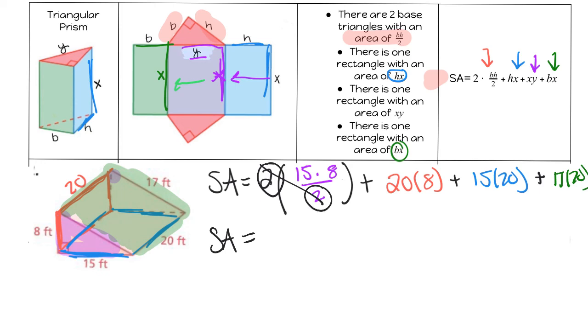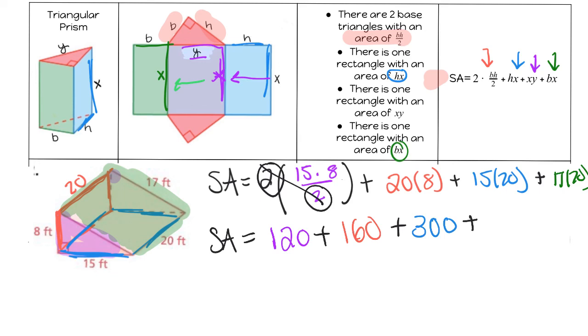Which is 120. Plus 20 times 8 is 160. Plus 15 times 20 is 300.